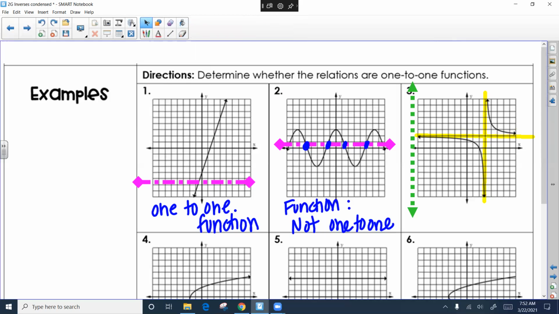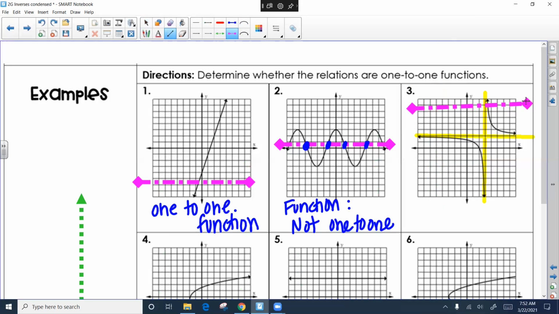So first question, is this a function? The answer is yes. It is going to pass the vertical line test. Anywhere we put a vertical line, it will cross the graph only once. But then we also want to ask, is it one-to-one? Does it also pass the horizontal line test?